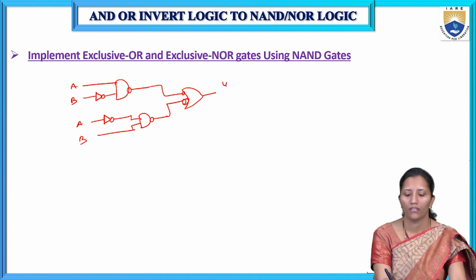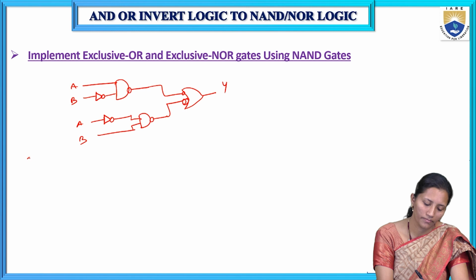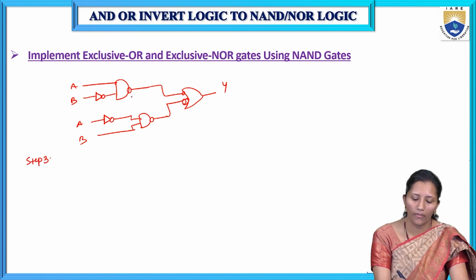Okay. So in step 3, wherever we are adding bubbles, in that line, for each bubble we have to add one inverter. So in this line we are adding one bubble at the output of the AND gate and input of the OR gate. In this line, for each bubble we have to add one inverter.